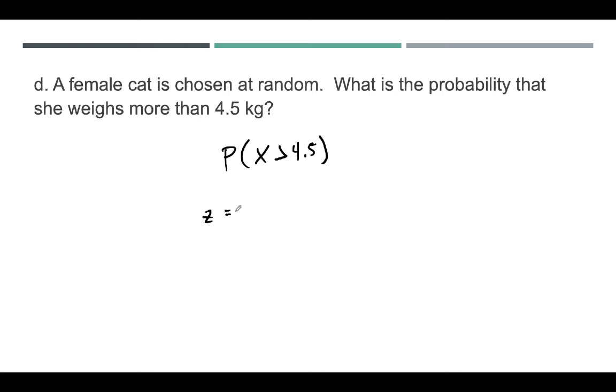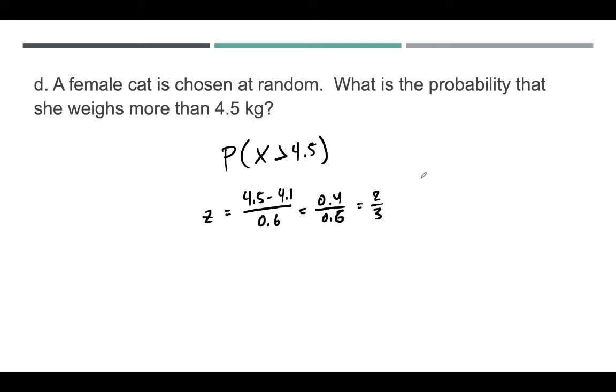We'll just put in 4.5 minus 4.1 over 0.6. We'll get 0.4 over 0.6 equals 2/3. And if you remember from before, I said 2/3 is a benchmark. When you have that z-score, it's actually going to be about the 75th percentile.